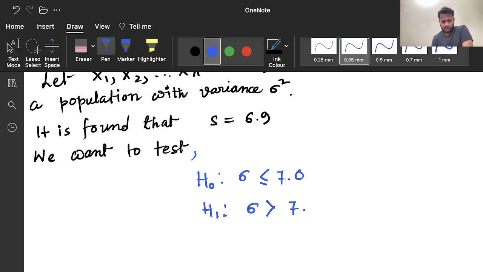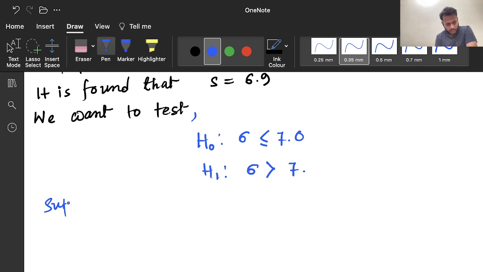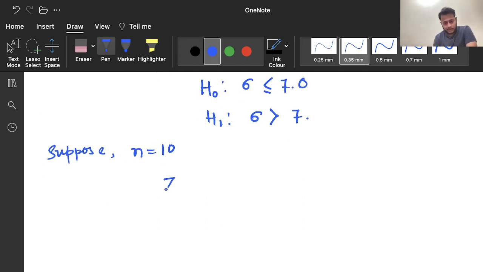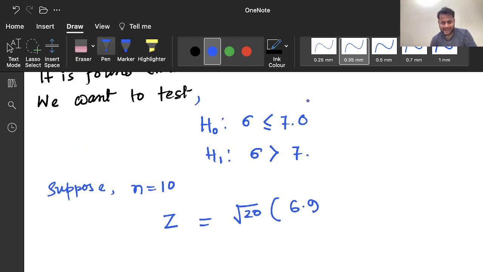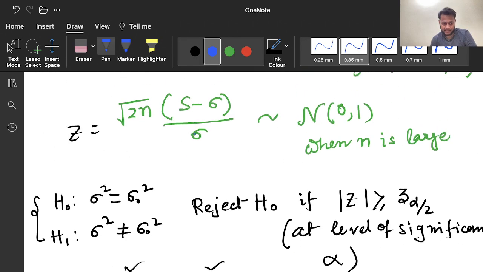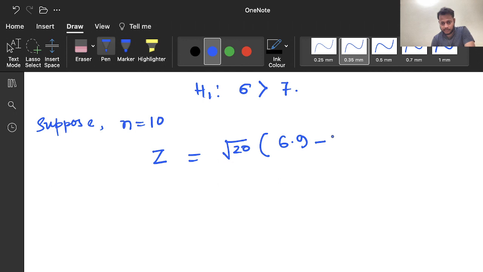So suppose here n equals 10, then our test statistic will be root 20 into (6.9, that is our sample value of S, minus 7) by 7, and it is negative 0.0639.